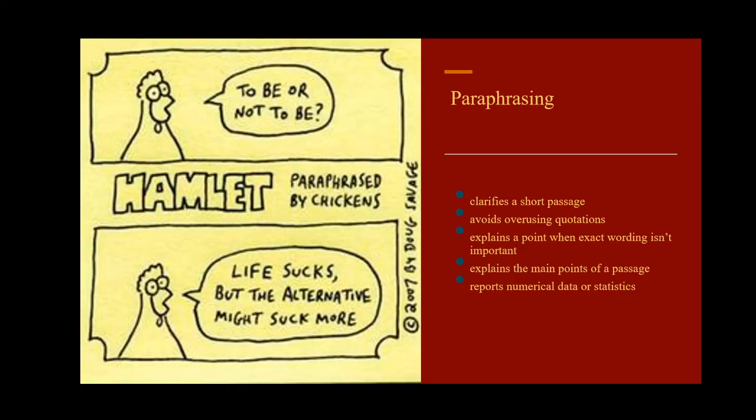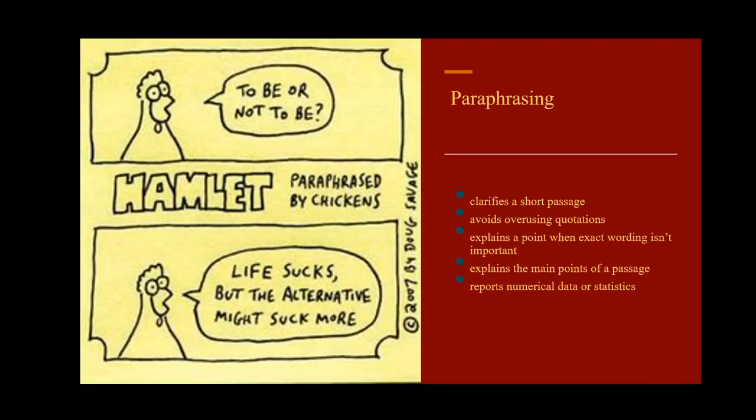Paraphrasing. Let's take a look at what these lovely ladies are doing. Hamlet, paraphrased by chickens. To be or not to be. That's the direct quote from Hamlet. To be or not to be.